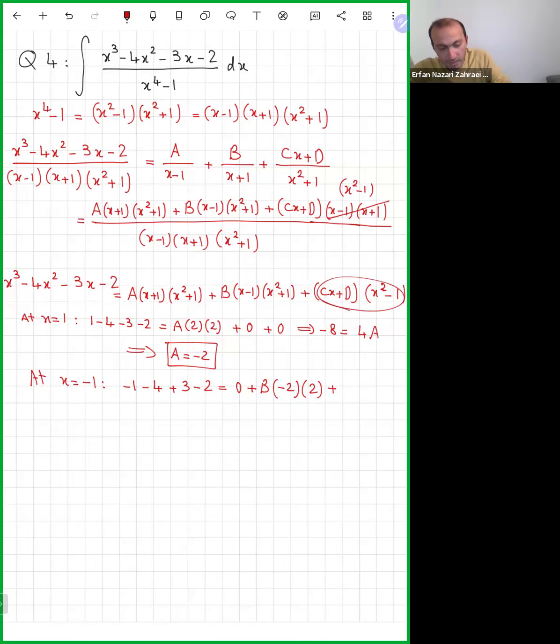Plus, now this term also is 0 because of this. Note that that is this times this, so when you put negative 1 in it, you get 0. So you get negative 5, cancel this with negative 1, so you just get negative 4 equals negative 4b. So b is 1. Good.